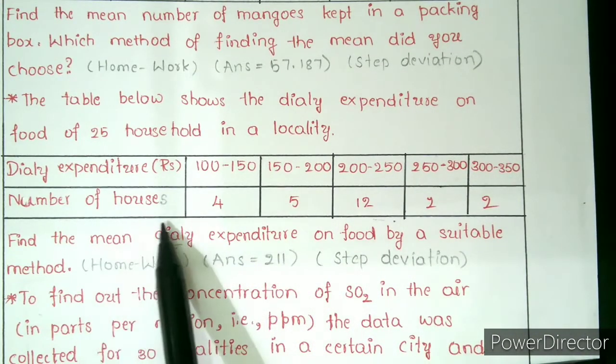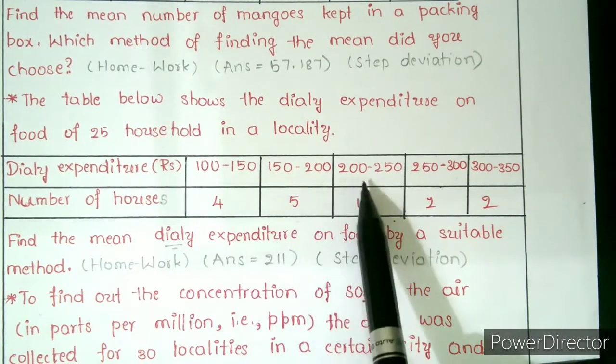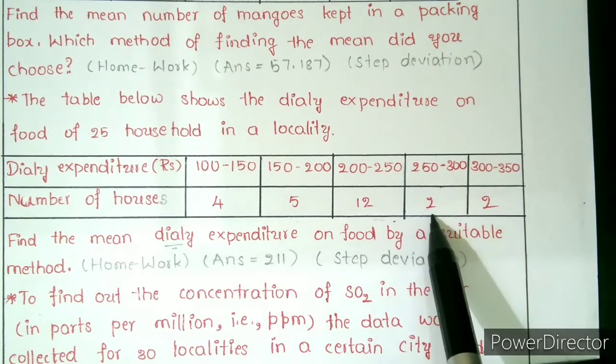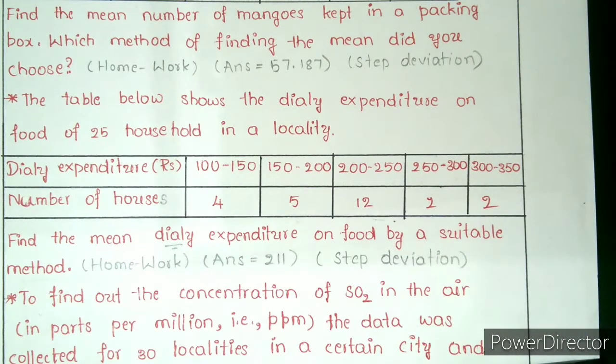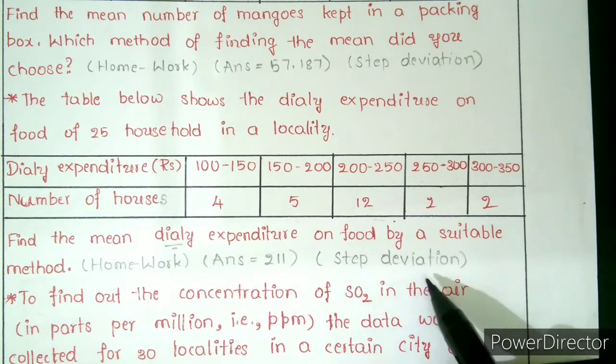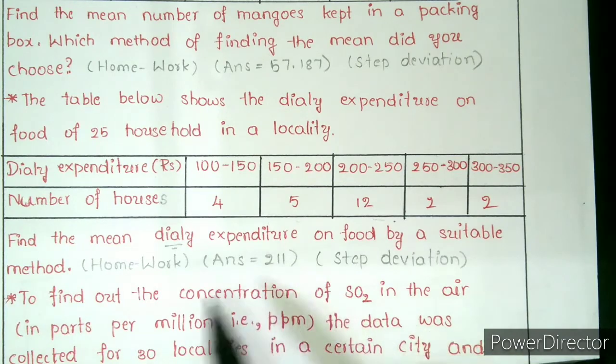Number of houses: for 100 to 150 it is 4, 150 to 200 it is 5, 200 to 250 it is 12, 250 to 300 it is 2, and 300 to 350 it is 2. Find the mean daily expenditure on food using a suitable method. It is the step deviation method. Homework. Answer is 211.